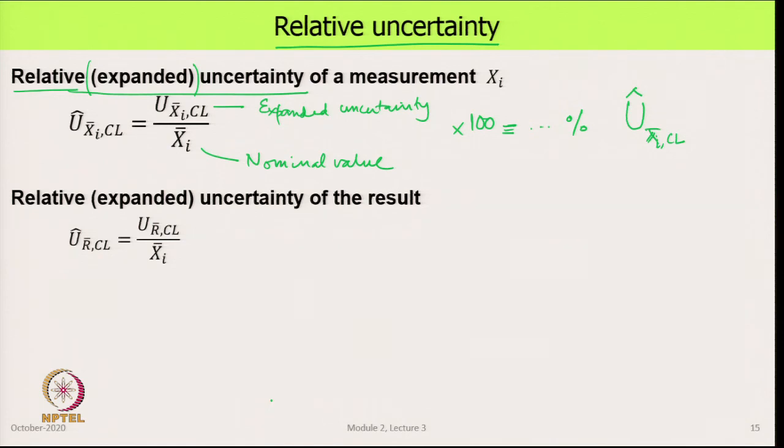The word expanded is quite often dropped, and you will see very often in the literature people reporting the relative uncertainty. Sometimes they may say the uncertainty is plus minus so much percent, but by looking at this, you would know that because the percentage has been specified, what is being reported is the relative uncertainty.